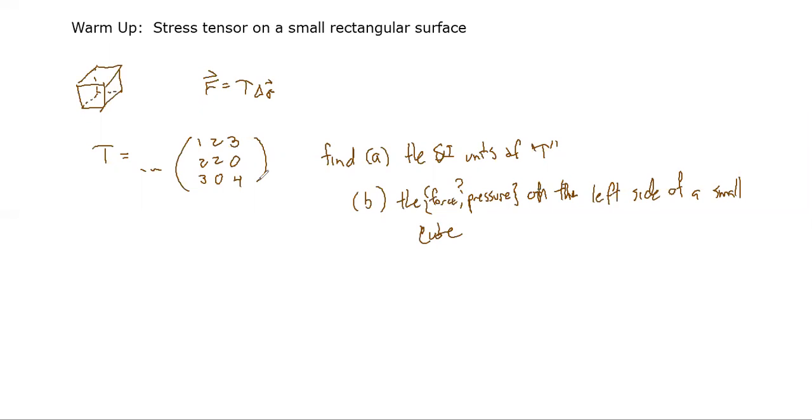Okay, so we can talk through these before getting numbers. What are the SI units of the stress tensor? So what are the SI units of the left-hand side of this equation, which in some implicit way kind of defines the stress tensor?